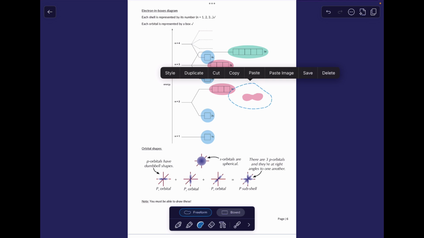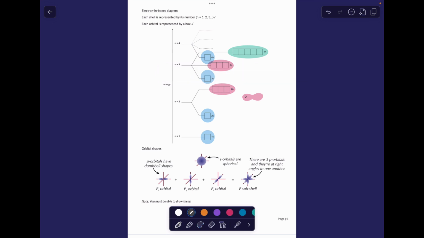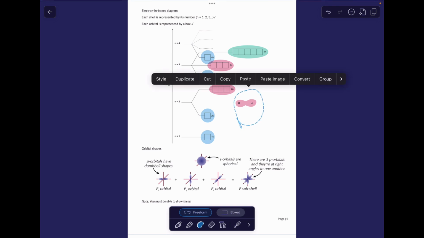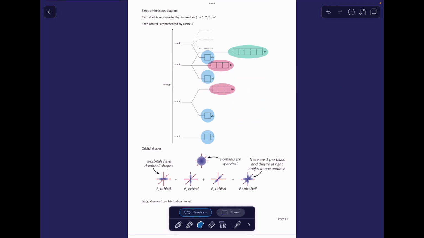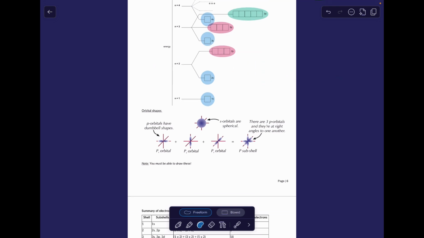So they're all dumbbell shaped, and the electrons in these whiz around in these areas like that. But you just need to know S is sphere, P is dumbbell. And it looks like these. Now, you do need to be able to draw them, but if you draw them just like this, so a sphere and a weird looking number 8, which is a dumbbell, that gives you the mark. And that's essentially what you need to know from this section.